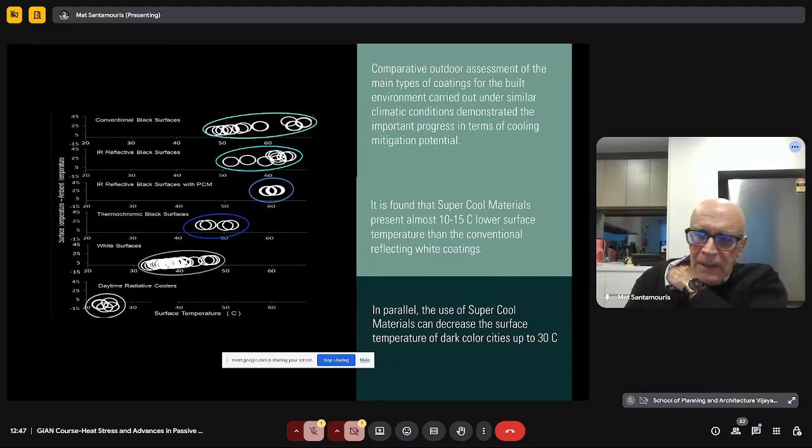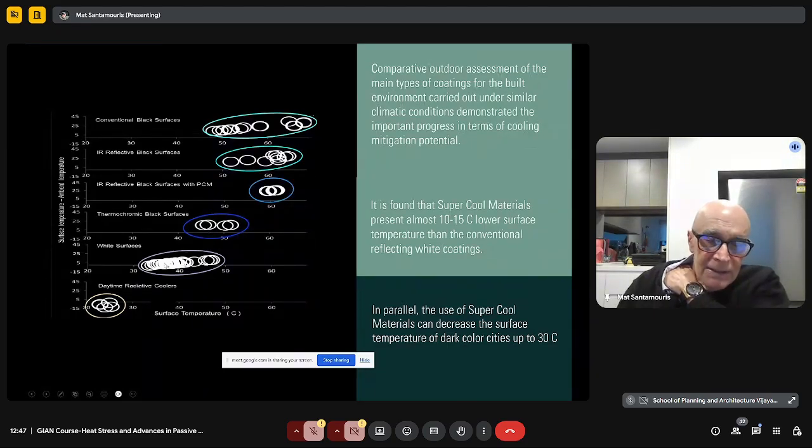So in conclusion, 10 years ago, the surface temperature of cities were somewhere here, and these are measurements. The use of infrared reflective black surfaces helped to decrease the temperature. And then the use of PCM also decreased the temperature. The black surfaces, also the thermochromic materials, decrease the temperature a bit.